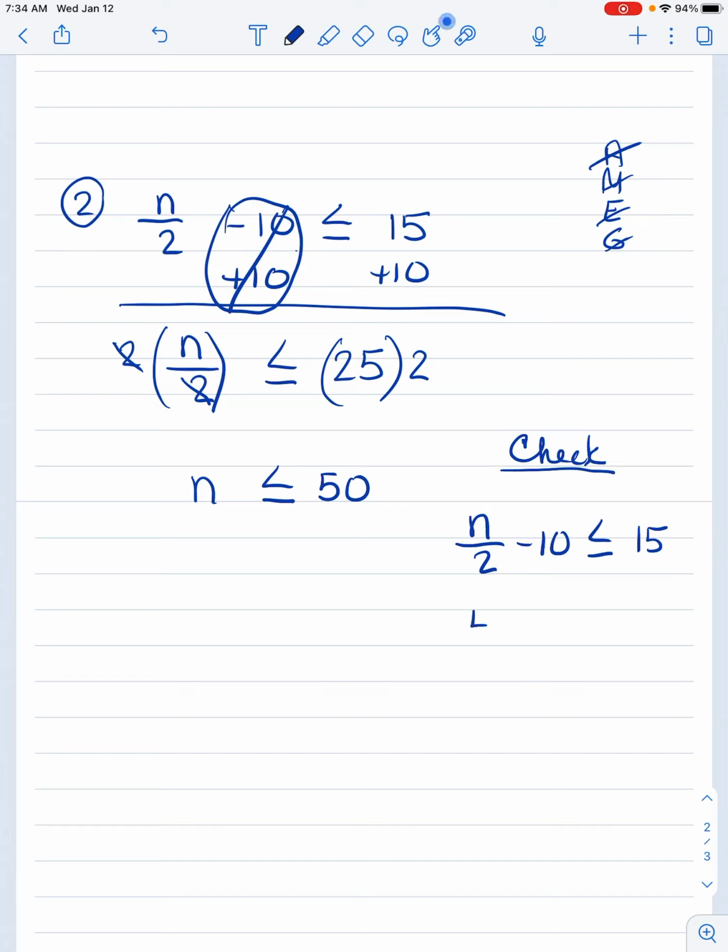So let's do 4 over 2 minus 10 is less than or equal to 15. That's looking good already. So we have 4 divided by 2 is 2. 2 minus 10 is less than or equal to 15. And 2 minus 10 would be negative 8. And that is obviously less than or equal to 15. So my inequality checks out.